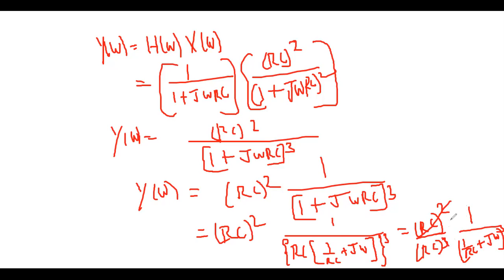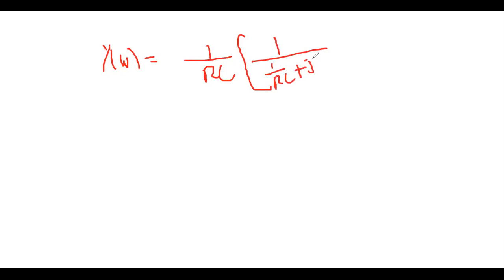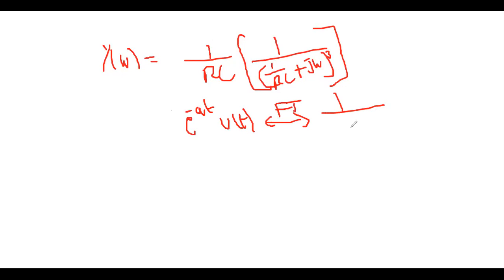So Y of omega is equal to 1 by RC multiplied with 1 by (RC plus j omega) whole cube. We know the Fourier transformation of e power minus at mu of t is 1 by a plus j omega.